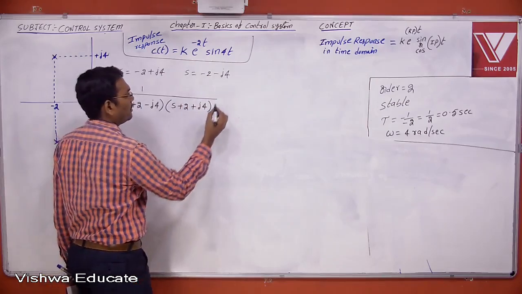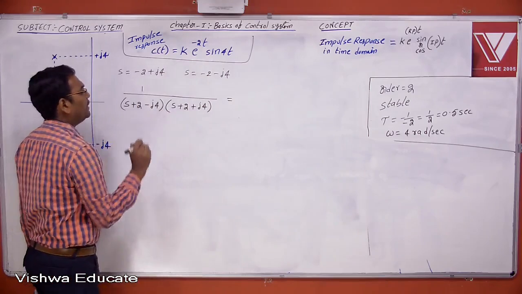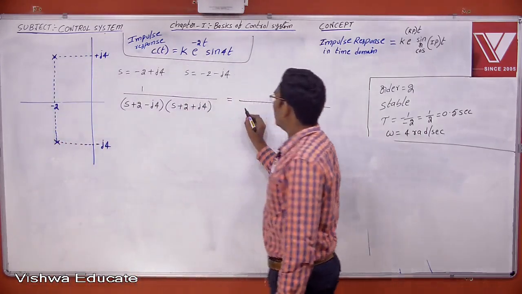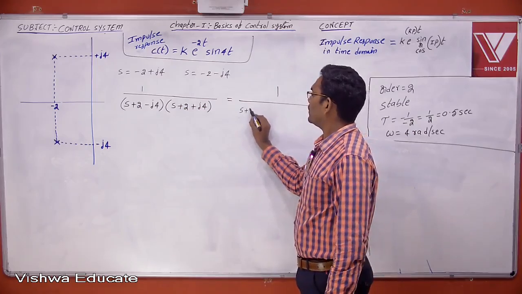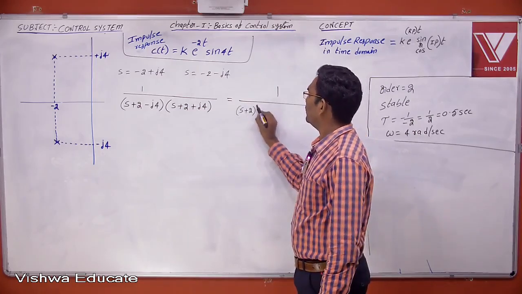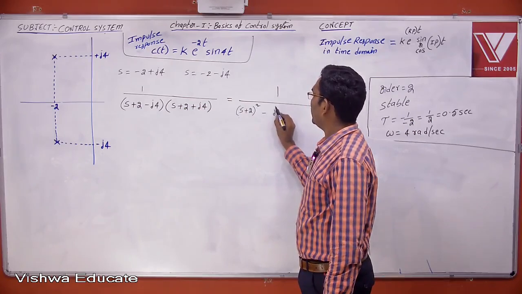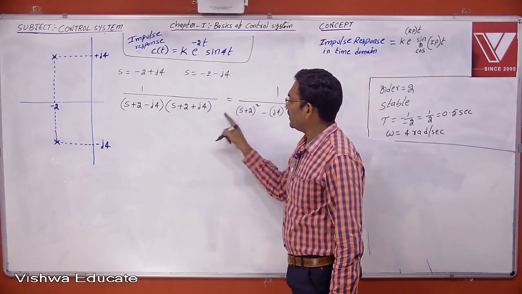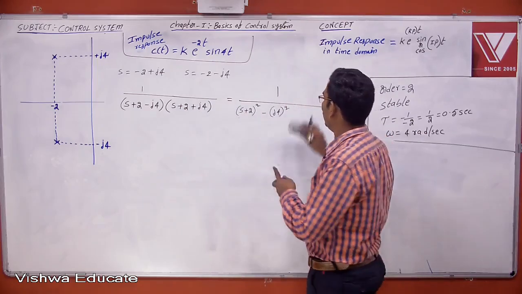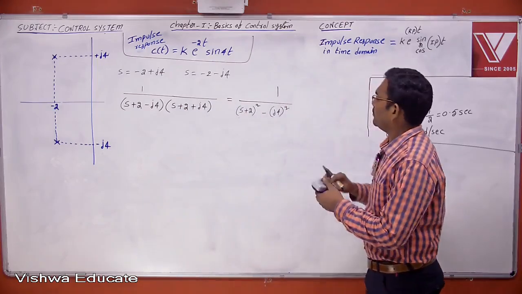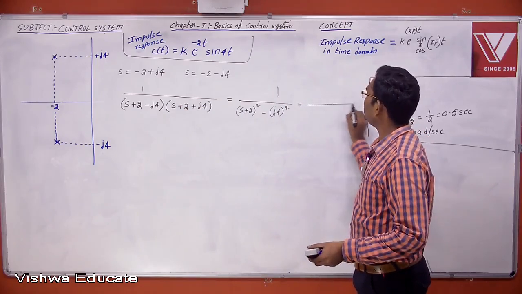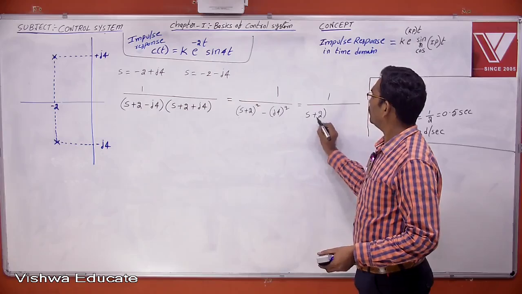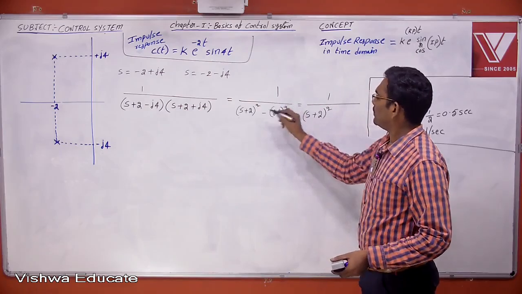Now you see here, 1 by (a plus b) into (a minus b), which is a square minus b square. So (s plus 2) whole square minus (j4) whole square, where j square means minus 1.